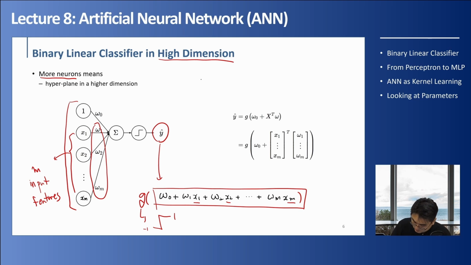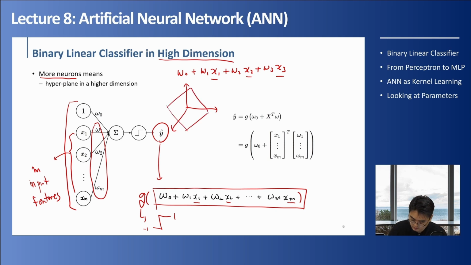And what this means is we can have some classification boundary in a higher dimensional space. For example, let's think about one case. That we have 3 input features. Then this will be simply a plane in a 3-dimensional space.